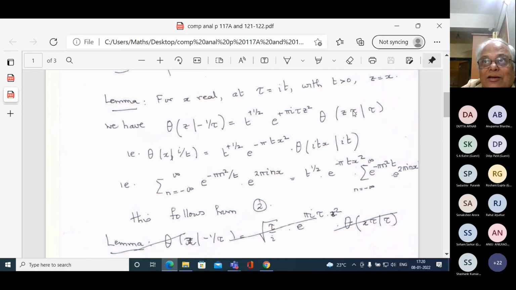So if you have two analytic functions that agree on the positive y-axis, these two functions must agree for the whole of tau. So now we have theta of x comma minus 1 by tau equal to this times this.